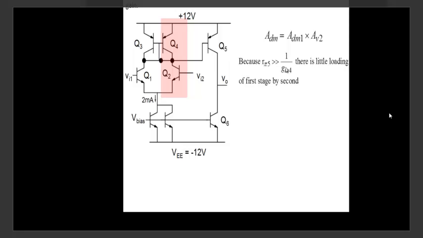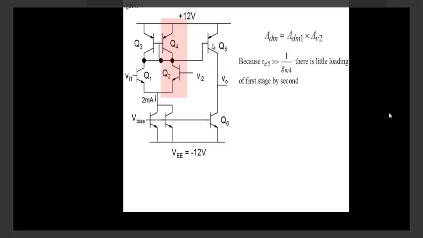Under small signal condition, this is like a normal differential pair with a load between here and here. And base and collector are shorted together, both of them. So each one of them acts as, instead of RC, under small signal condition, 1 over GM4.